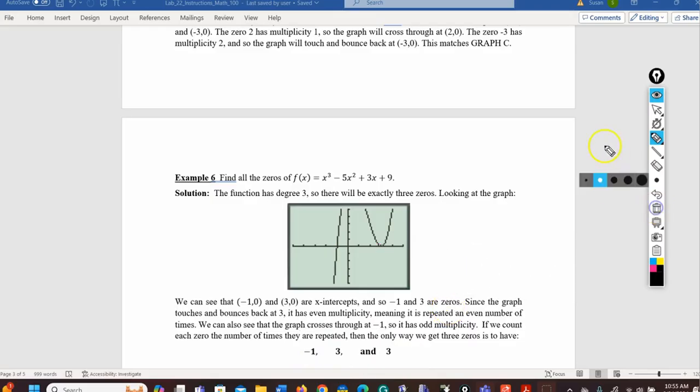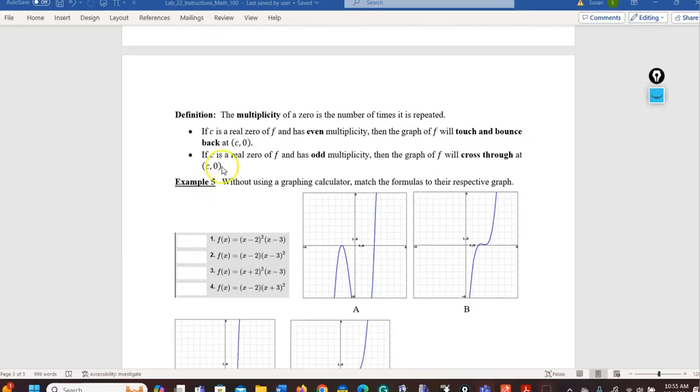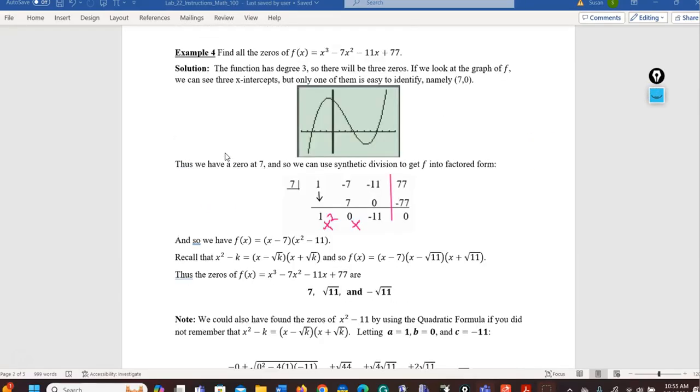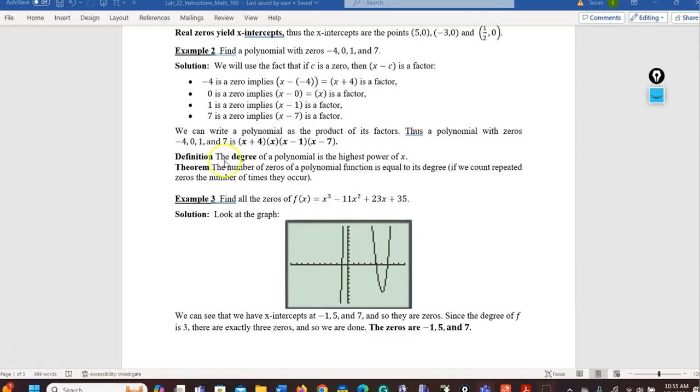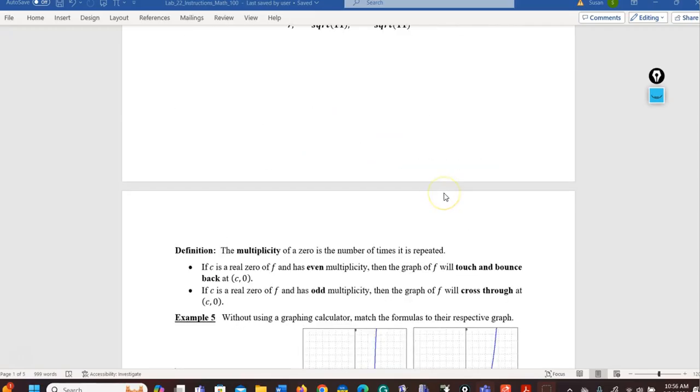So if it's repeated twice and I count these up, that will give me 3 zeros. So this is what we mean when we go back to this theorem: the number of zeros of a polynomial function is equal to its degree, in parentheses, if we count repeated zeros, the number of times they occur.